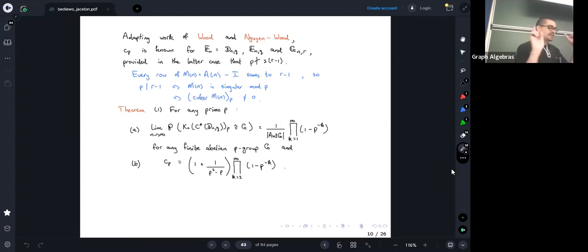Okay, and that's where the expression is coming from. That's it. This B is deduced from A just by inputting G to be all of the possible cyclic groups and summing them up. There's a little bit of analysis you need to do here, because we have an infinite sum, and we have a limit, and you need to kind of swap them, but a suitable generalization of the dominated convergence theorem will do this for you.